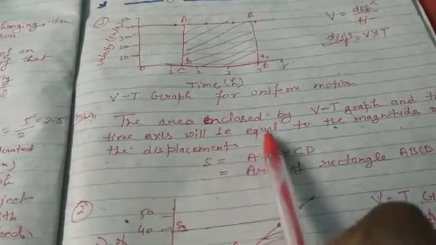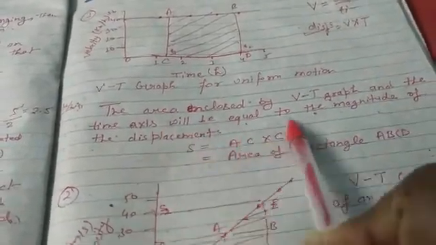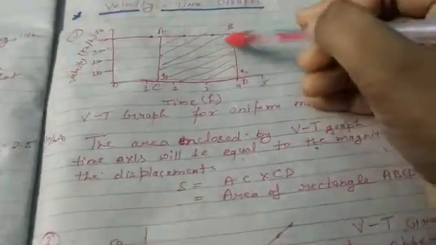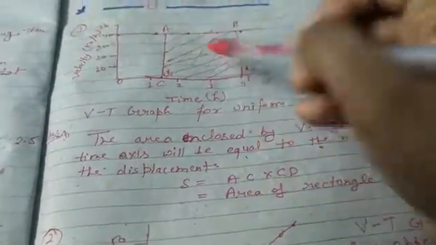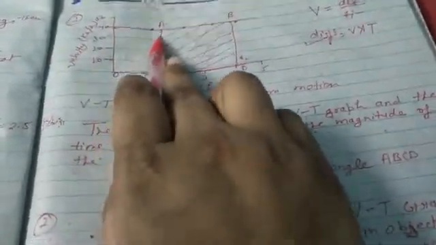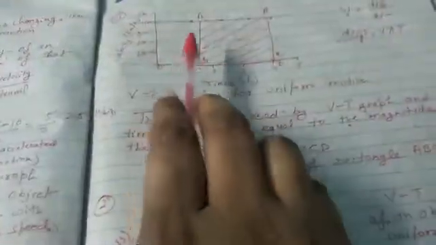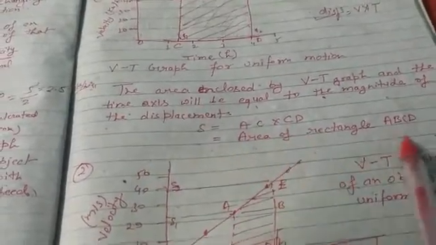The area enclosed by the velocity time graph and the time axis will be equal to the magnitude of the displacement. Now, we have to find the area of this rectangle. What is the area of a rectangle? Length into breadth. So S equals AC into CD, area of rectangle.